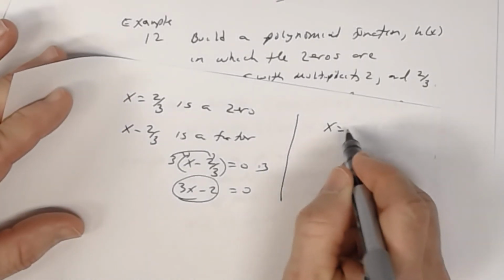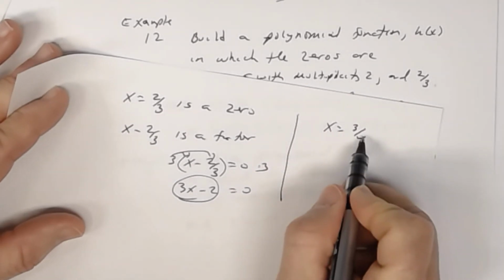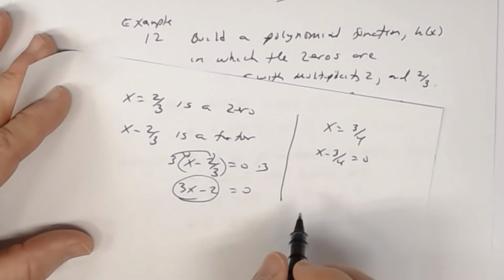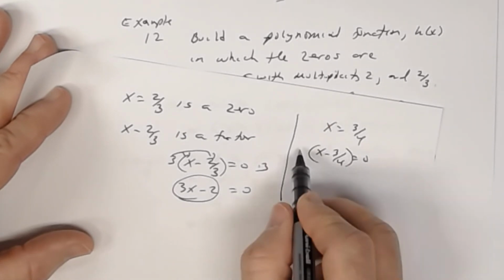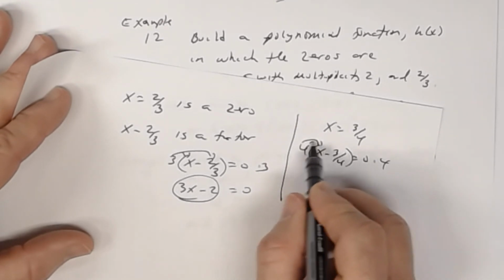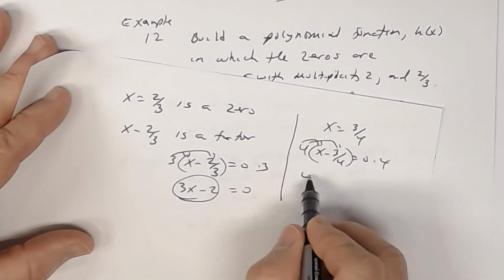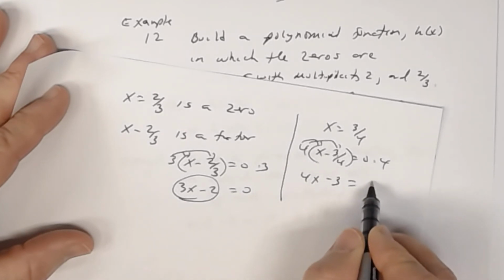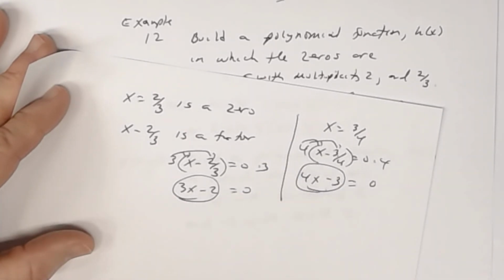So if x equals 3/4 is a 0, bring the 3/4 over. I get x minus 3/4 equals 0, right? Then we'll multiply both sides by 4 to clear the fractions. The LCD is 4. Then distribute. I'm going to get 4 times x is 4x, and then 4 times -3/4 is -3 equals 0. And that's the factor you're going to use.